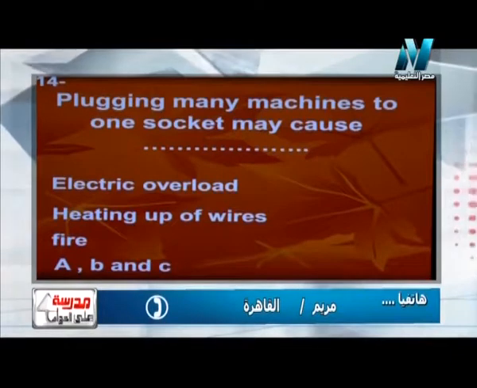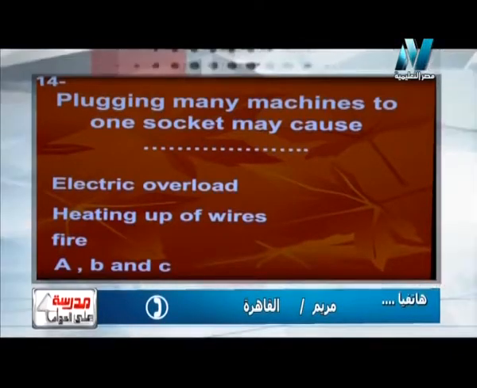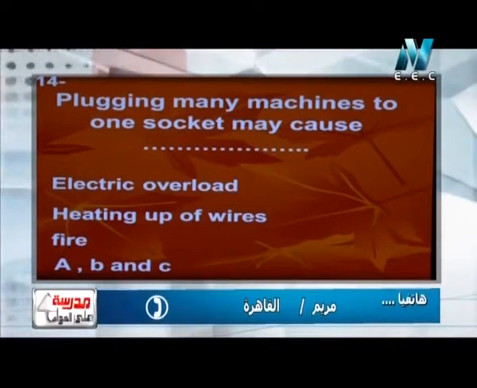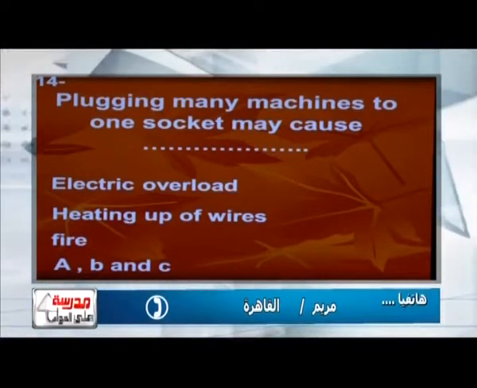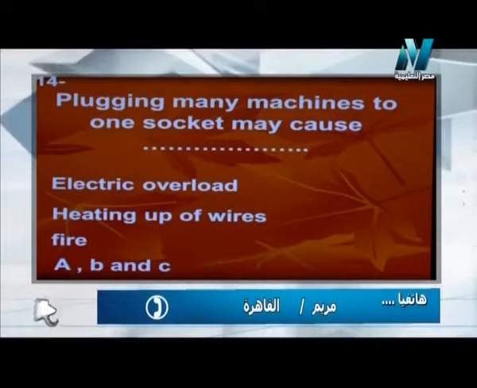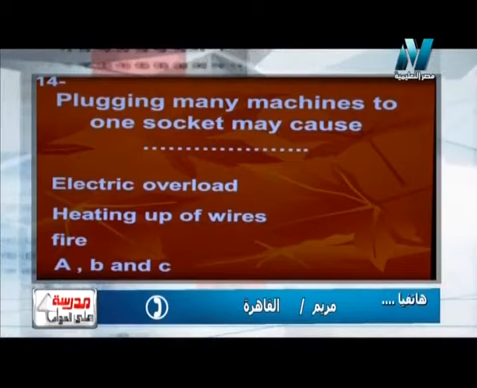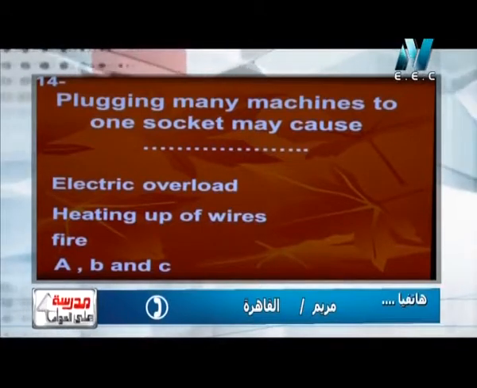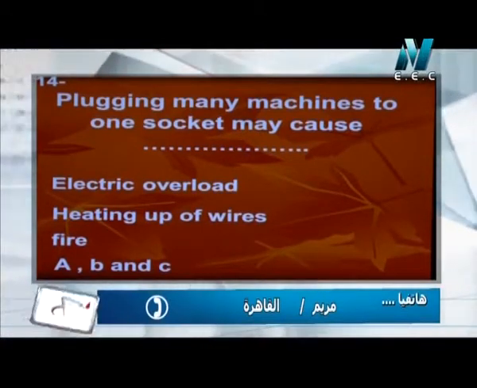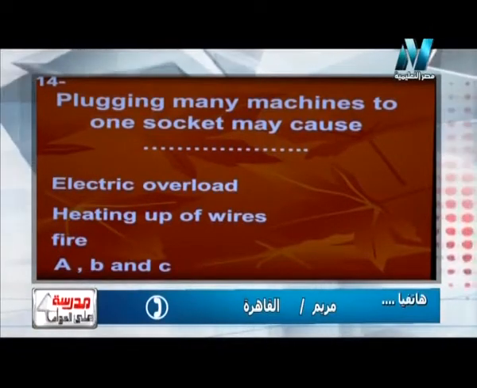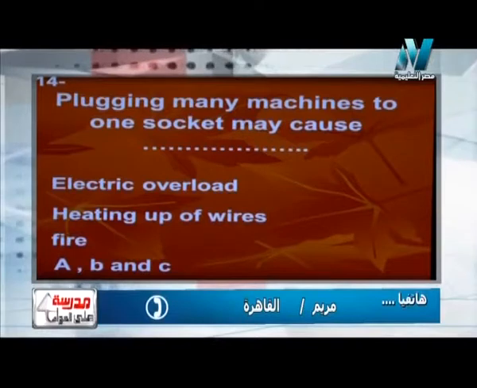Electric overload, heating up of wires, fire, or A, B, and C. Your answer is right. It will be A, B, and C. Although there are three right answers, I choose the last choice, which is A, B, and C. Mariam, concentrate, please.